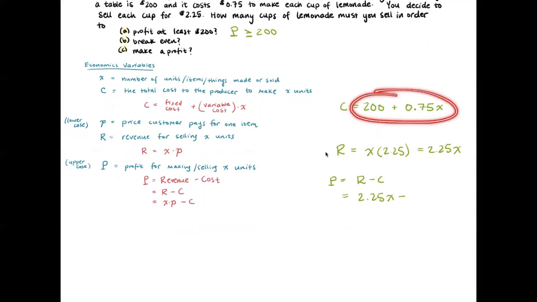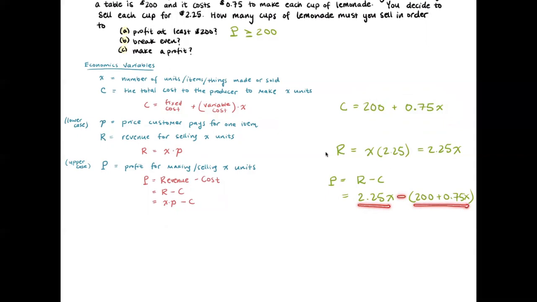It's got two terms in it, so we need to subtract both of those pieces. We have this piece plus this piece. To make sure that we do that, we need parentheses around the cost equation. So this is revenue minus all of this, which is cost, in nice parentheses.